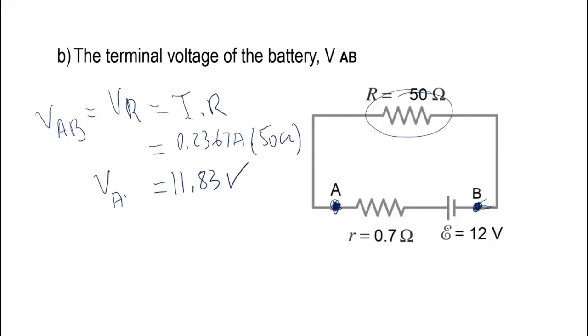This is the difference of potential between A and B, the terminals of the battery.